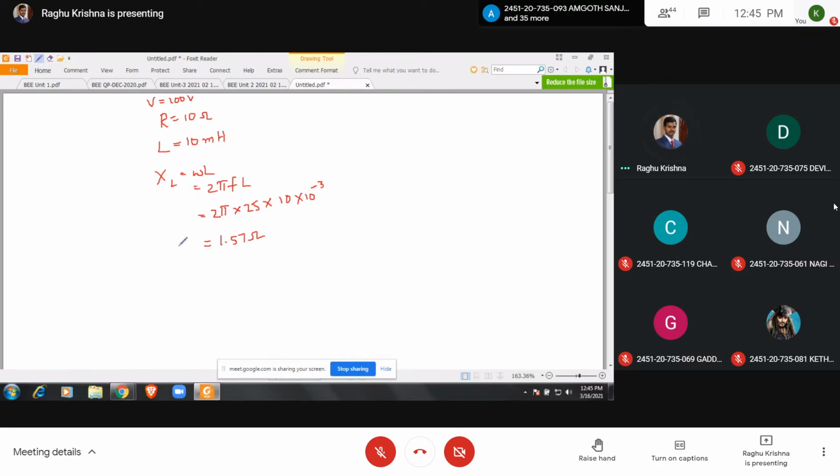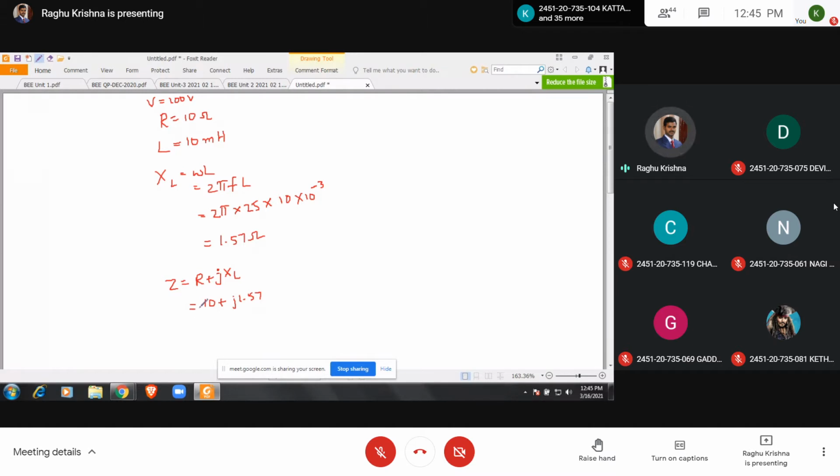Now I is equal to V by Z, so here we have to calculate Z. First let us calculate Z. Z is equal to R plus jXL, which is equal to 10 plus j1.57.